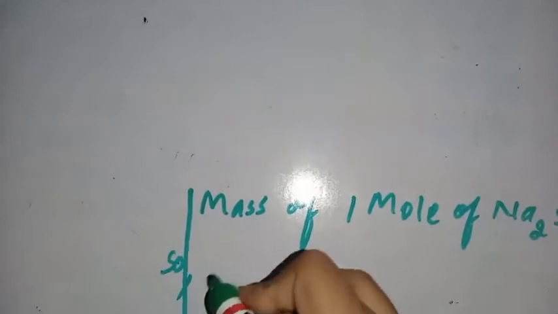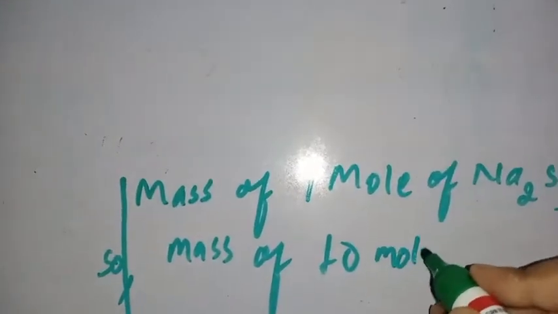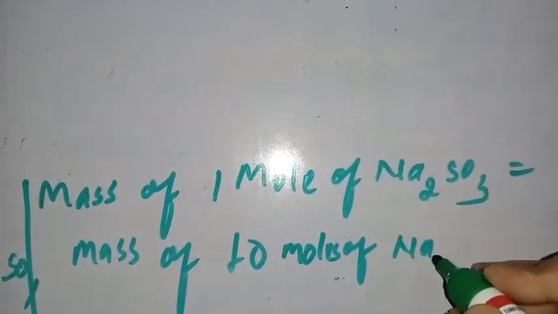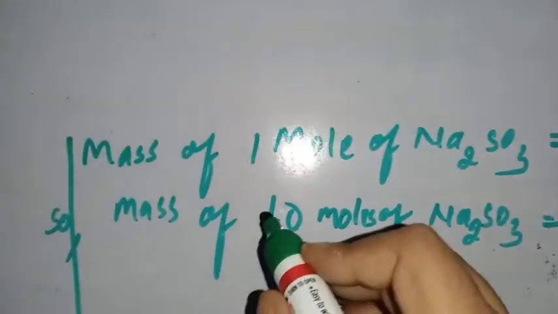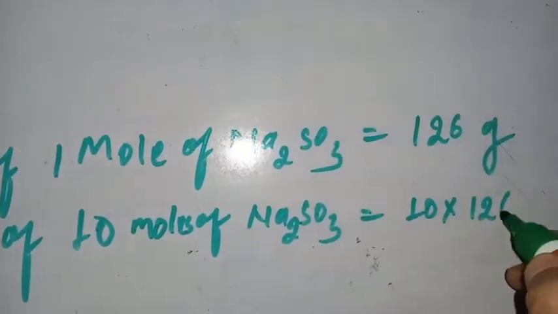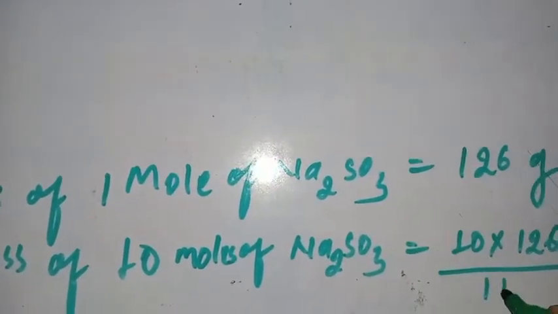So the mass of 10 moles, it is asking in the question, 10 moles. So the mass of 10 moles of sodium sulfite will be equal to, we'll do the unitary method, 10 into 126 gram divided by 1 mole.